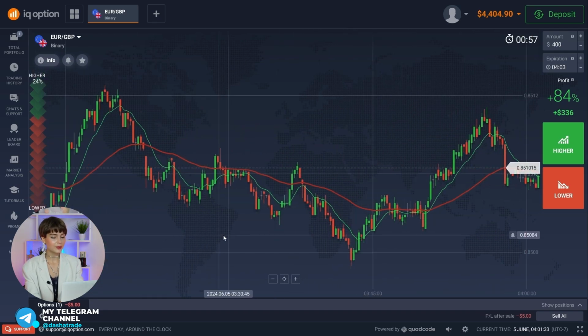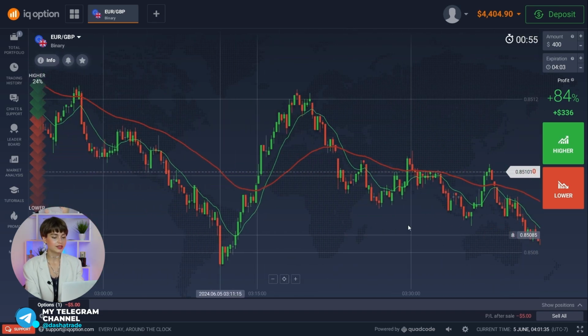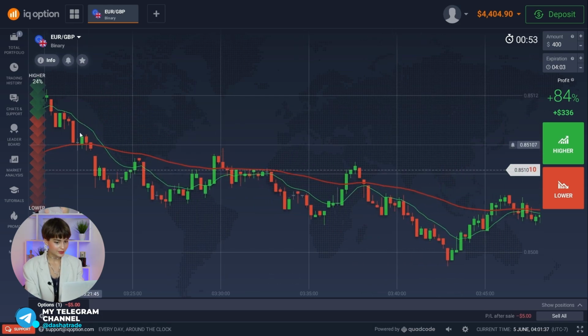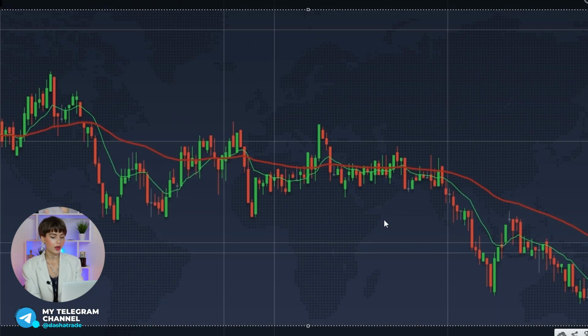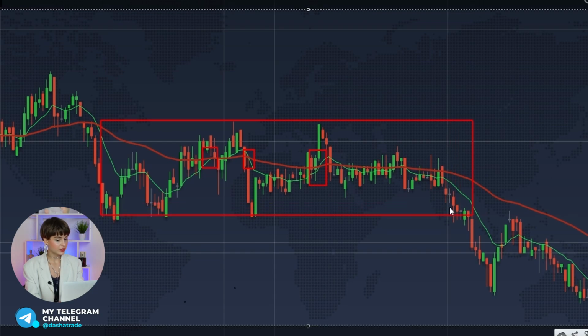I found another great example of a case when you should not enter a deal at all. As it can happen sometimes, something like that. Hear me out. Look right here. There is a case when the first intersection, second one, third one, come within a short period of time, and there is such a flat, and usually we can lose money or not earn here, because such intersections happen because of volatility and because the price is in such a flat, and it's very dangerous to open a deal.